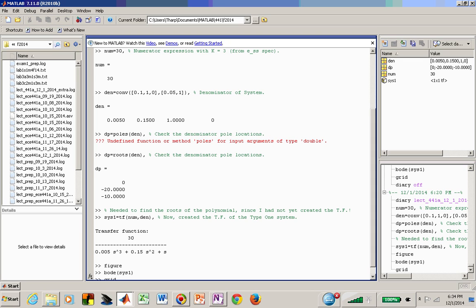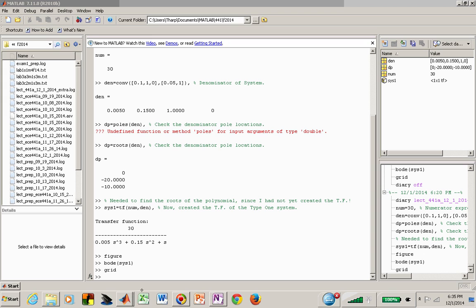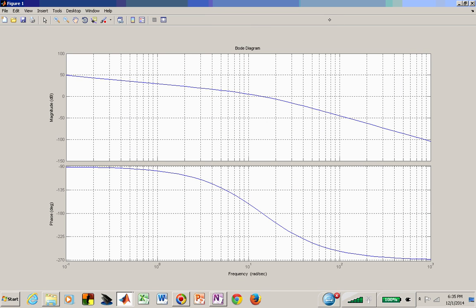My denominator polynomial has roots at 0, minus 10, and minus 20, which is correct. I can then build up my transfer function with the TF function. That gives me my open loop transfer function for G of S with K defined to be equal to 3. And I then plotted that, and the resulting figure was produced.